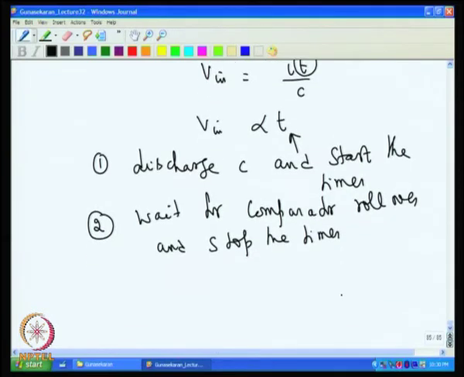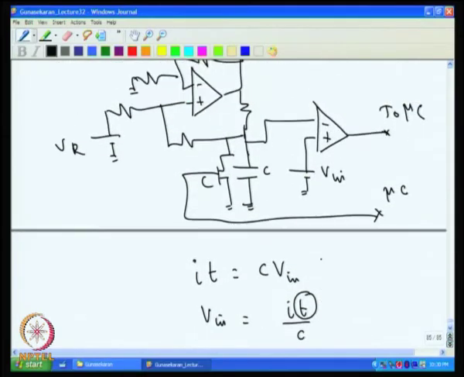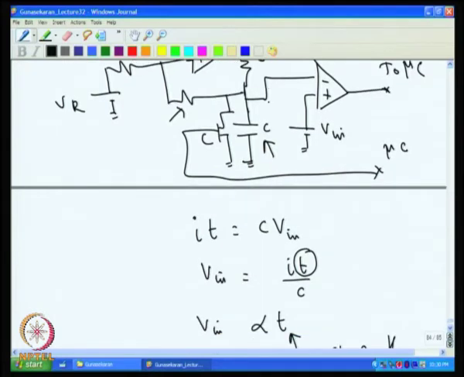But if you see both the methods, both of them are not really matching with the dual slope converter we had discussed earlier. So, how to improve? The drawback here is, suppose the capacitance changes with temperature, and even the change in the resistance with temperature, all will give error, because C is a parameter in the equation.